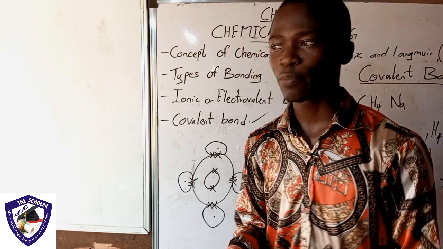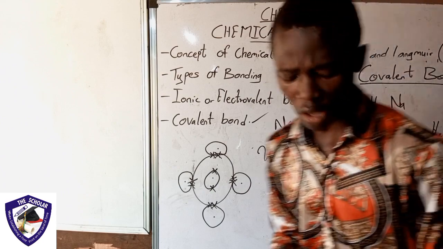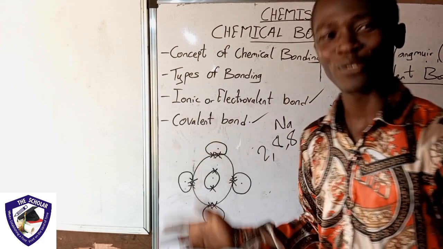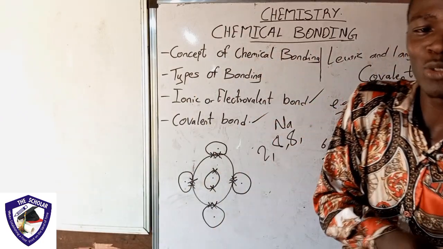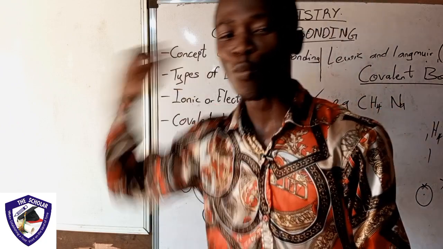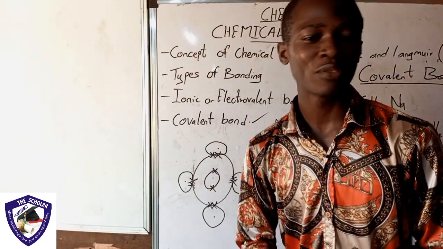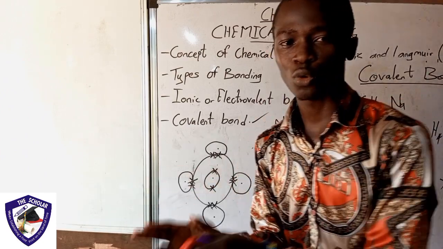Electrovalent bond involves complete transfer of electrons from less electronegative elements to more electronegative elements, while covalent bond involves the sharing of electrons between 2 elements.